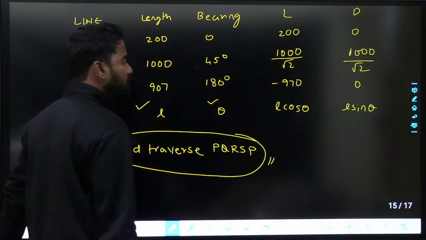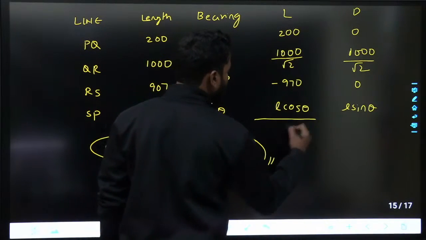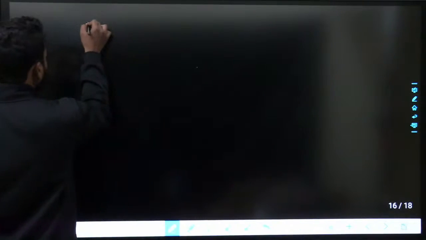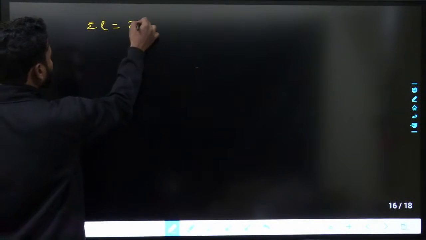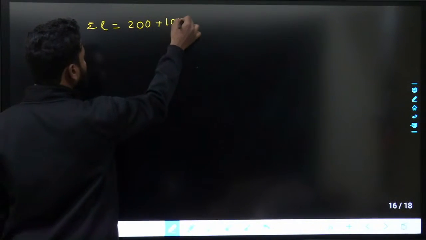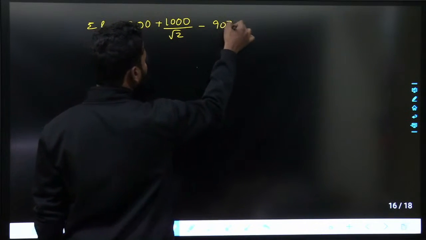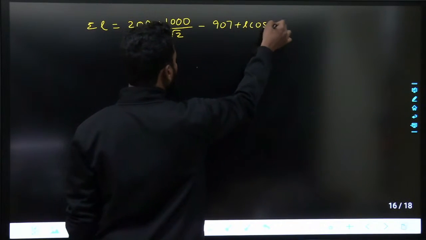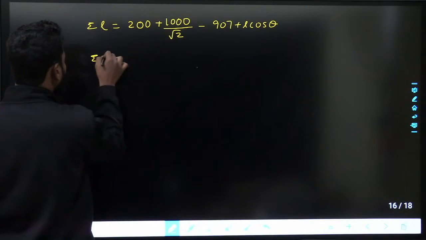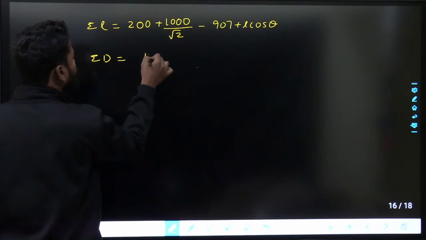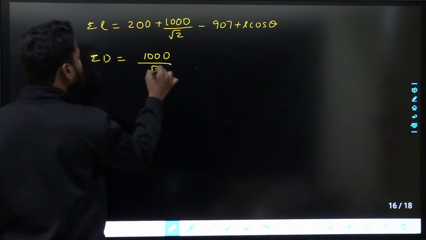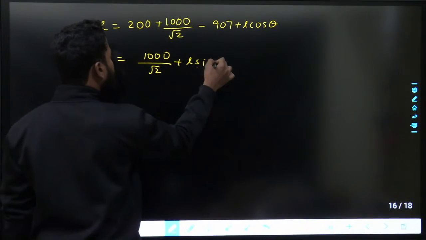Fine. What is summation of latitudes? Summation of latitudes would be equal to 200 plus 1000 by root 2 minus 907 plus L cos theta, and summation of departures would be equal to 1000 by root 2 plus L sin theta.